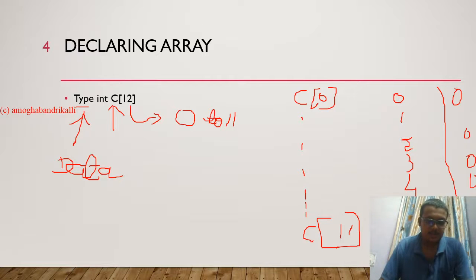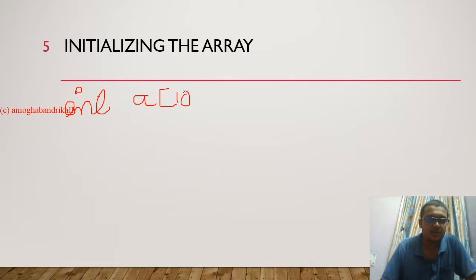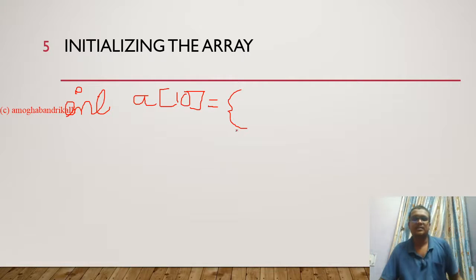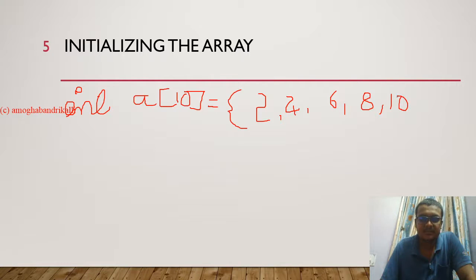So the next one is that you are going to initialize the array with a list. The list means you are going to have many values in an array. So you are going to have a list declaration, initialization of the array with a list, inside square brackets 2, 4, 6, 8, 10, something like this.